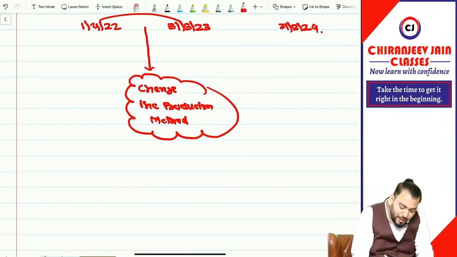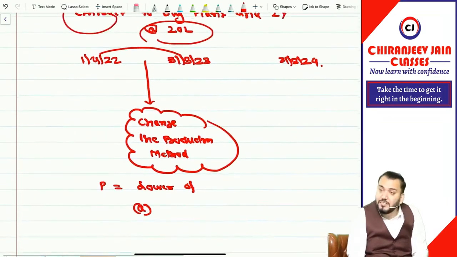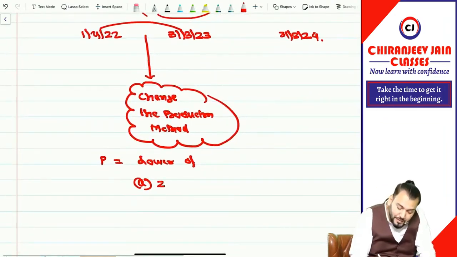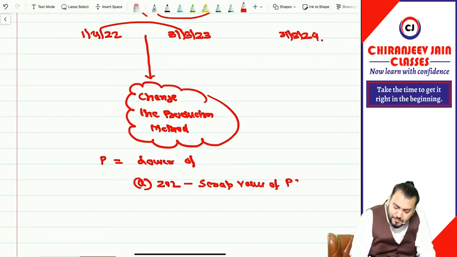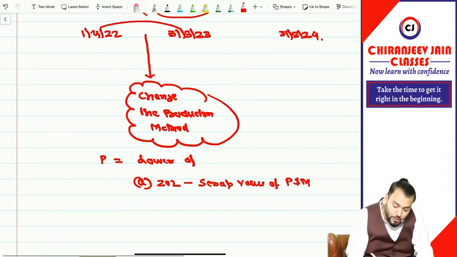What will be the amount of provision? Provision will be equal to the lower of what? Point A: the cost of meeting the obligation, 20 lakh, minus the scrap value of machinery, if any. This is the unavoidable cost.